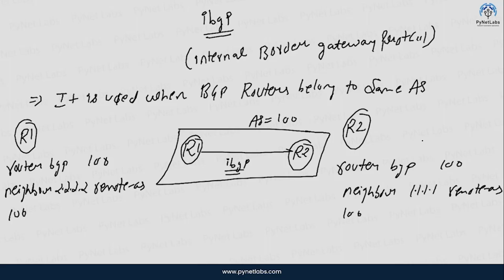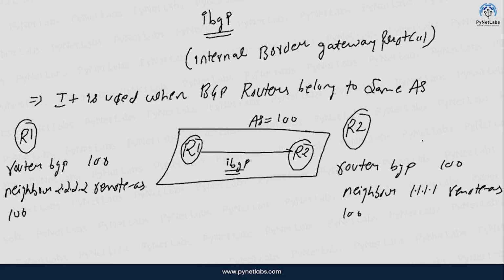So this is called iBGP when you are connecting routers from the same autonomous system. And one more thing, guys: in iBGP, a route learned from one iBGP neighbor cannot be advertised to another iBGP neighbor. So this is all about iBGP.